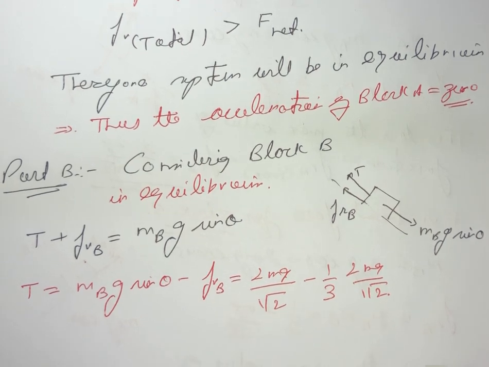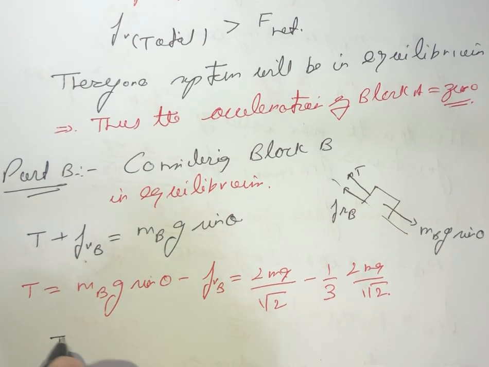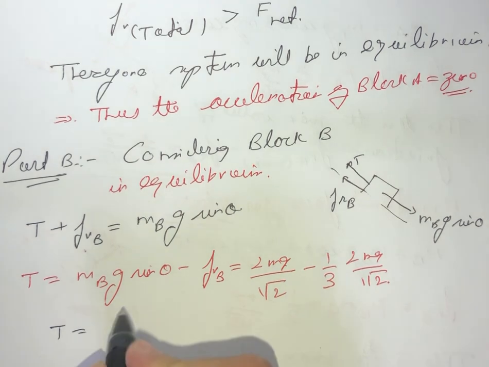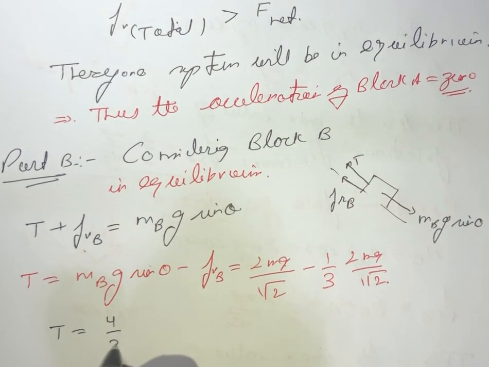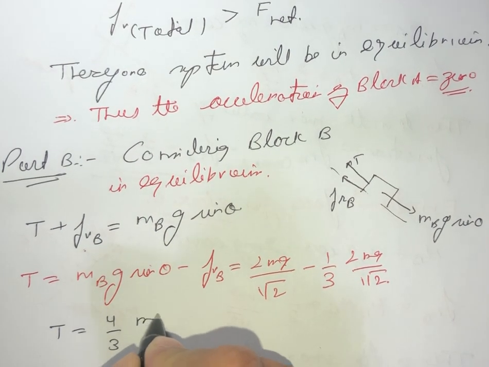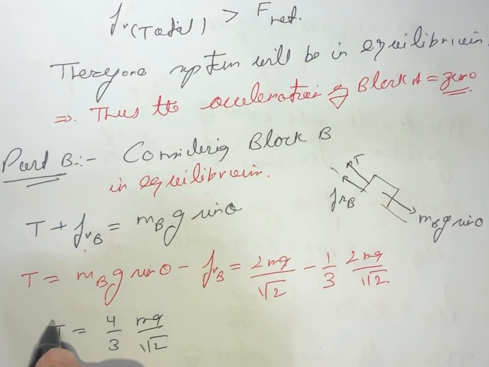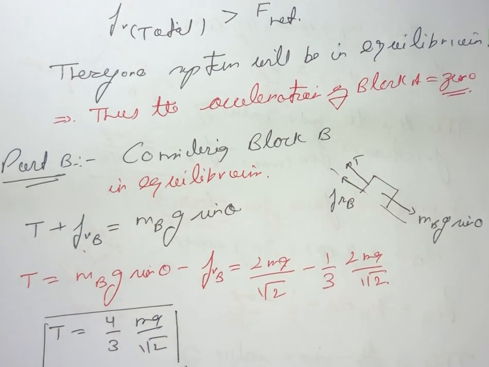So our tension T will become equal to 4 by 3 mg by root 2. So this is the tension T.